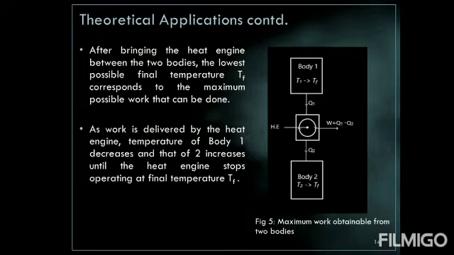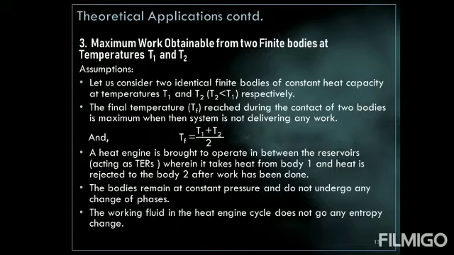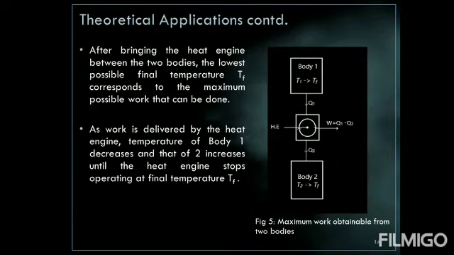As work is delivered by the heat engine, the temperature of body 1 decreases and that of body 2 increases until the heat engine stops operating at final temperature Tf. Let us assume that the bodies remain at constant temperature and do not undergo any change of phase. The working fluid in the heat engine does not undergo any entropy change. So these are the assumptions.